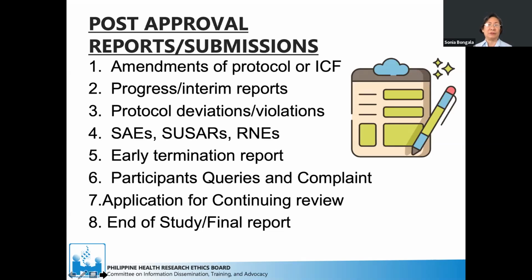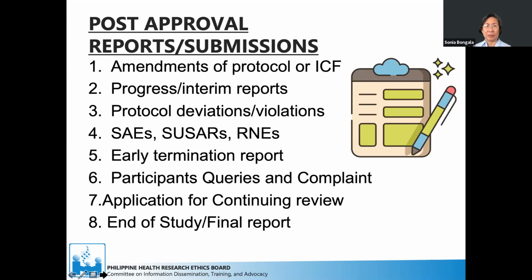The amendment of the protocol or the informed consent. No amendment of the protocol or informed consent should be implemented before it has been approved by the Research Ethics Committee. Then we have the progress or interim reports and protocol deviations or violations. Protocol deviations and violations do not need prior approval because this has happened and it has to be reported to the Research Ethics Committee.